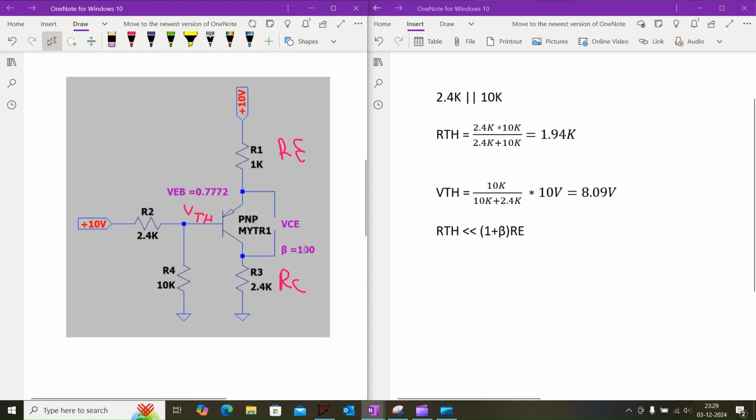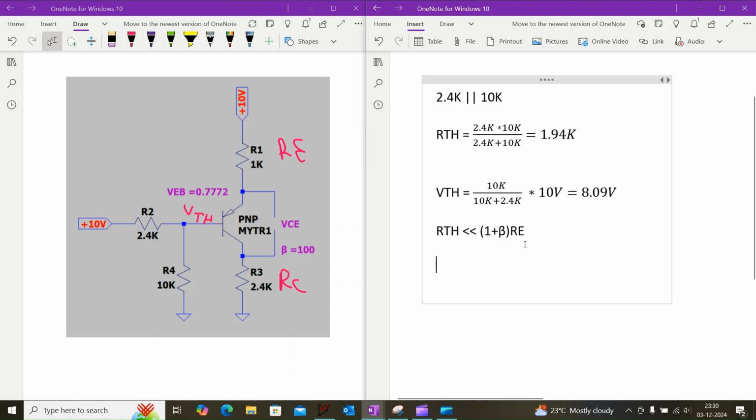And as we know, the beta, the current gain of this transistor, is 100. So 1 plus beta times Re is equal to 101 times 1 kilo ohm, which is equal to 101 kilo ohm. So we can conclude that Thevenin's equivalent resistance RTH is much lesser compared to this, so we can make the approximate analysis.